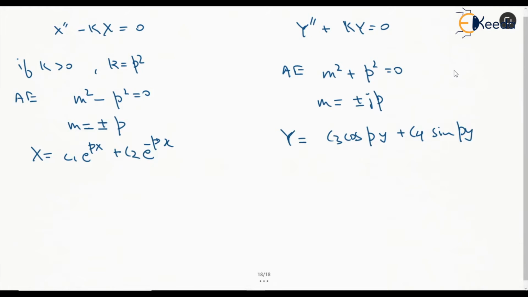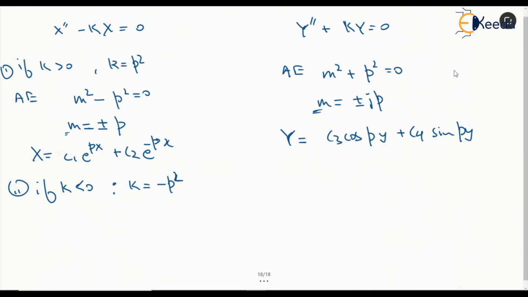Similarly, second case, if k is negative, k less than 0, that is k equal to, let's say, minus p square. The only difference will be that this root will become complex conjugate and this will become real. It is very clear.